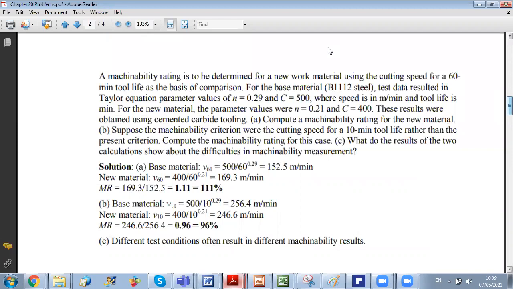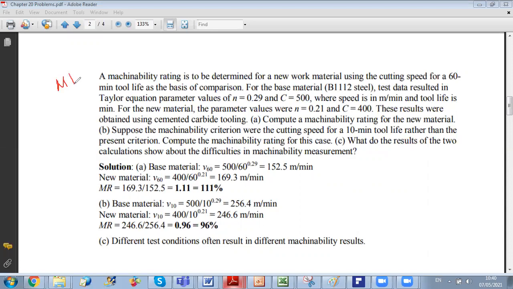a machinability rating is to be determined for a new work material using the cutting speed for a 60-minute tool life as the basis of comparison. If you remember in the course material, we talked about the machinability rating MR, which is used to compare materials in terms of machinability.